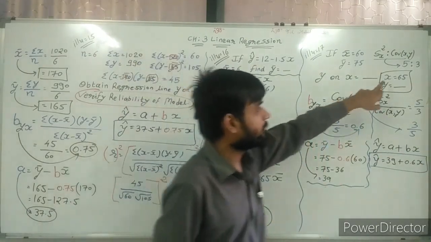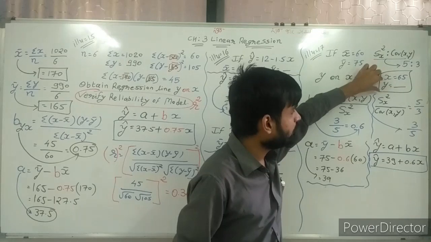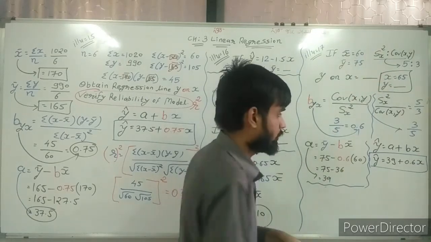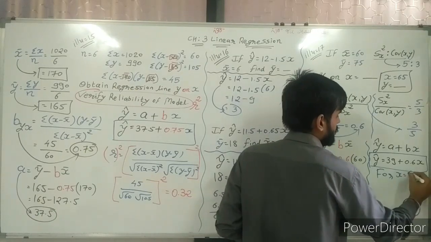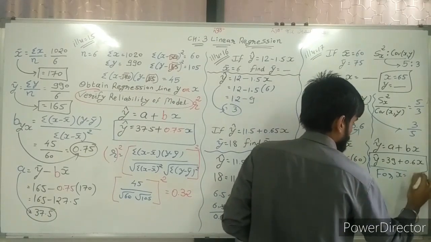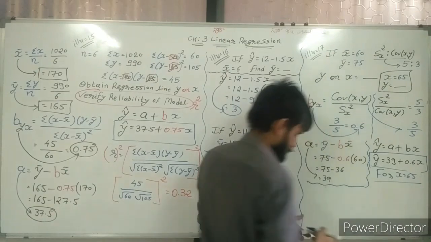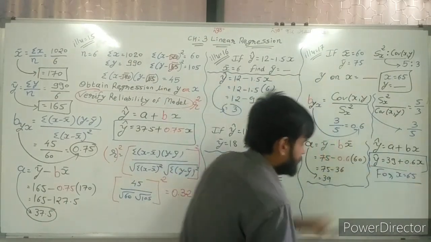Now, what is my question? If x is equal to 65, find the value of y. So for x equal to 65, replace here 65.